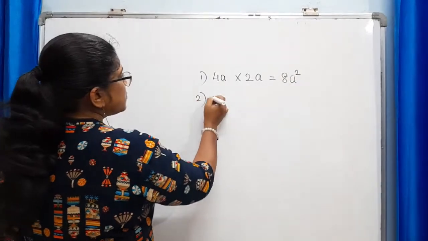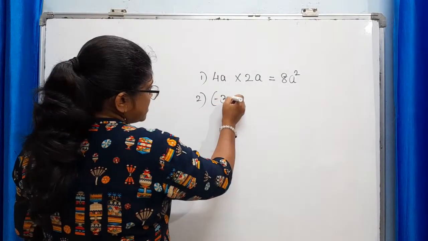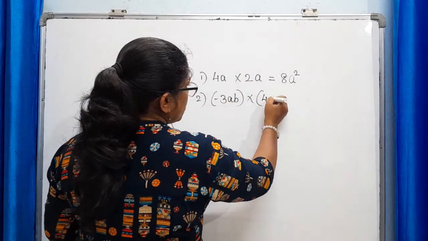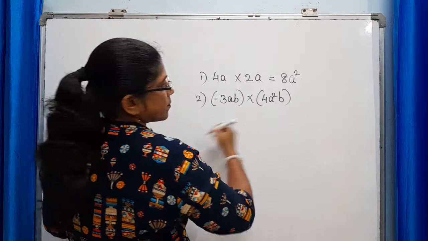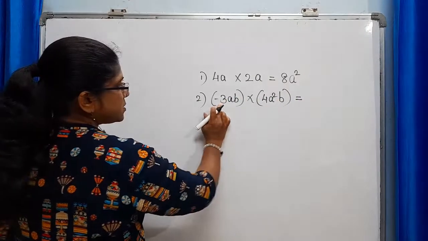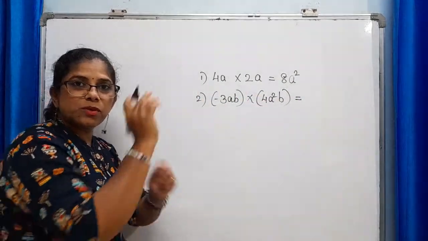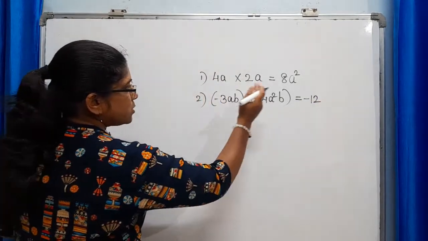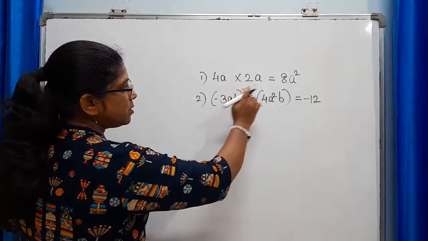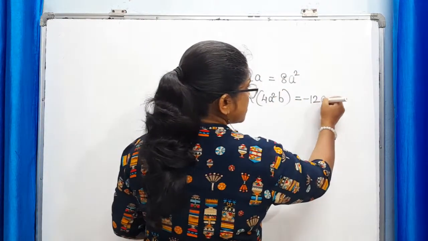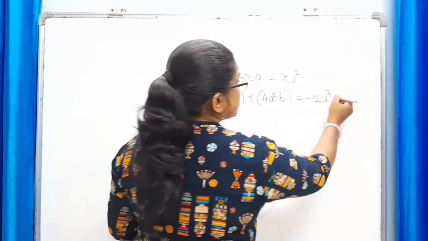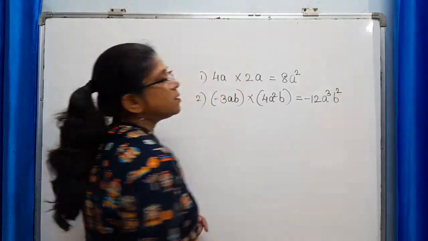Okay, one more example. Minus 3ab into 4a square b. Minus 3 into 4 is minus 12. A into a square. A is 1 time here and here it is 2 times. So altogether 3 times. B into b, b square.